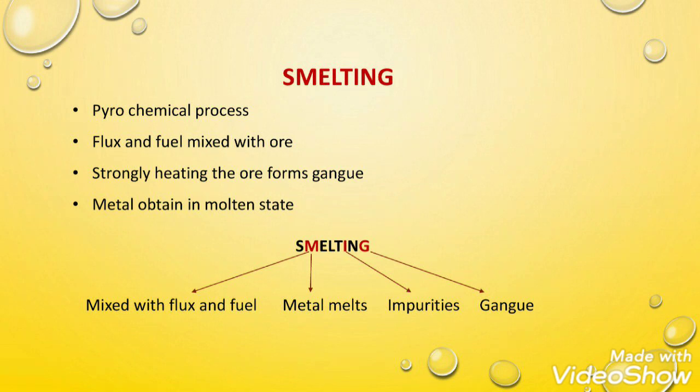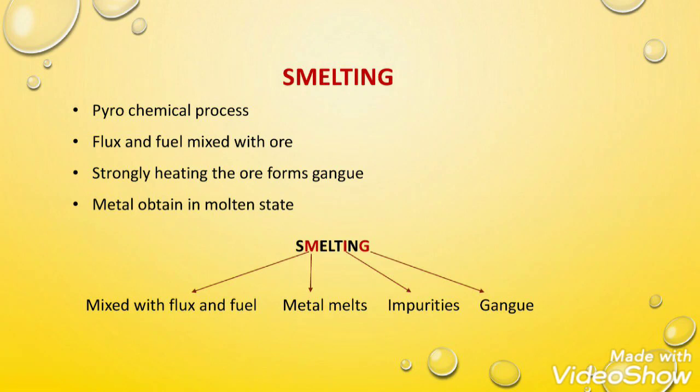Now we discuss three important processes in metallurgy: first smelting, second roasting, and last calcination. Now we learn about smelting. Smelting is a pyrochemical process. Flux and fuel are mixed with the ore, strongly heating the ore forms gangue, and metal is obtained in molten state.